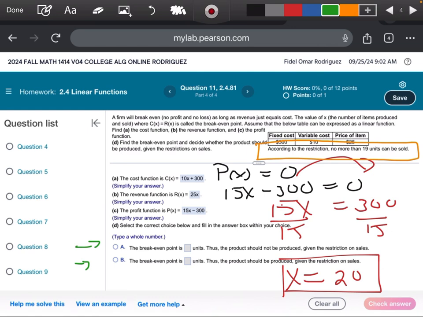But now I need to look at the rest of it. It says the product should not be produced given the restriction on sales, or the product should be produced given the restriction on sales. According to my restriction, we cannot make or sell more than 19. So I'm going to go with choice A, because we should not make it. We have that restriction saying that we can only make and sell 19, and we need to make and sell 20 just to break even, okay? I hope that helps. If y'all got any questions, let me know.